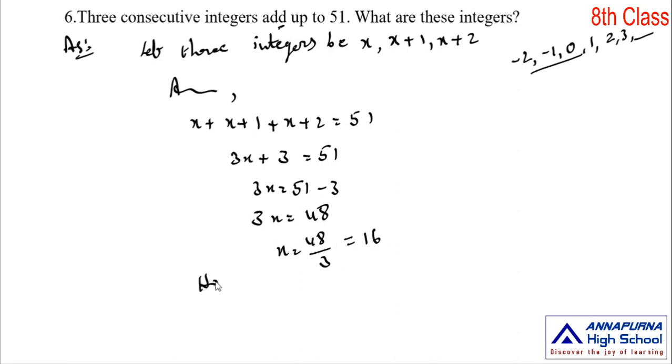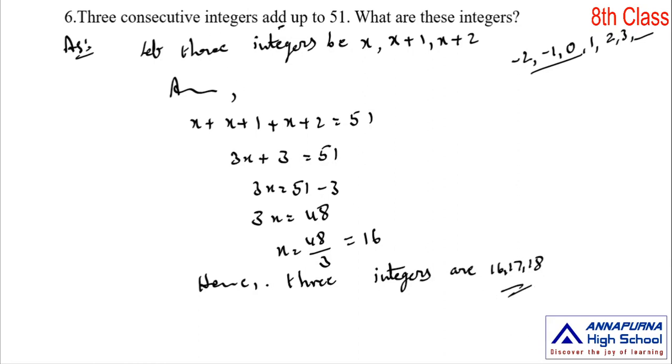Hence the 3 integers are 16, 17, 18. So this is the sixth one.